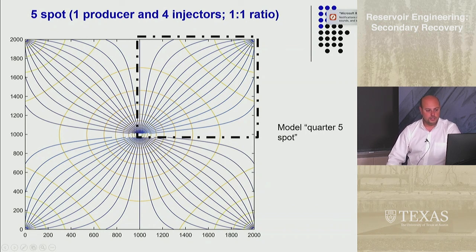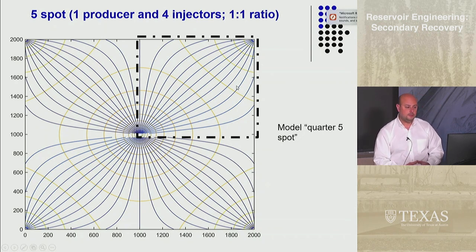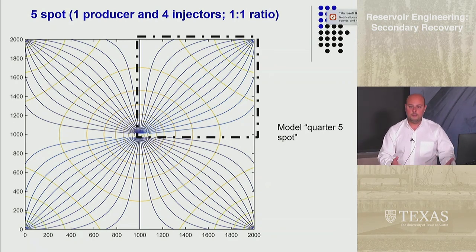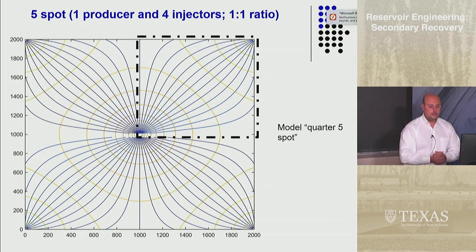So if this is an injector, the fastest streamline is a straight line from the injector to producer, but then you've got other things over there, and then again these yellow lines are iso potentials. By the way, I made these plots. I coded them up. Okay, you could have done it in Python.